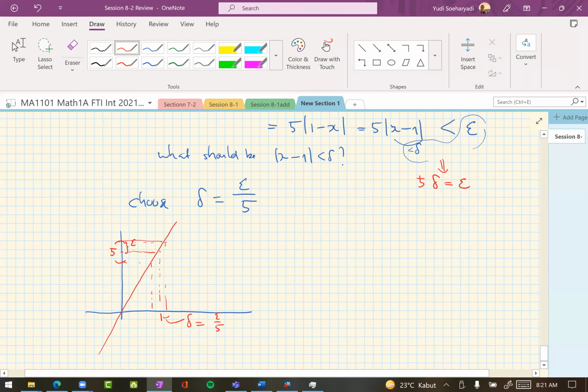So you see this is getting smaller here. That's your epsilon, and sorry, that's your delta. How to find delta here by this geometric? What does it mean geometrically?